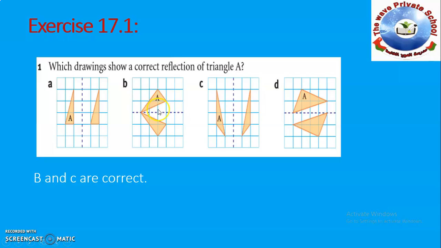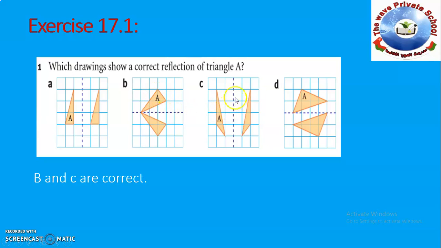Just see B part. This is the object and this is the image. Object is 1 block away and image is 1 block away. And both image and object touch this symmetry line or mirror line. So this B part is, we can say, a correct reflection.